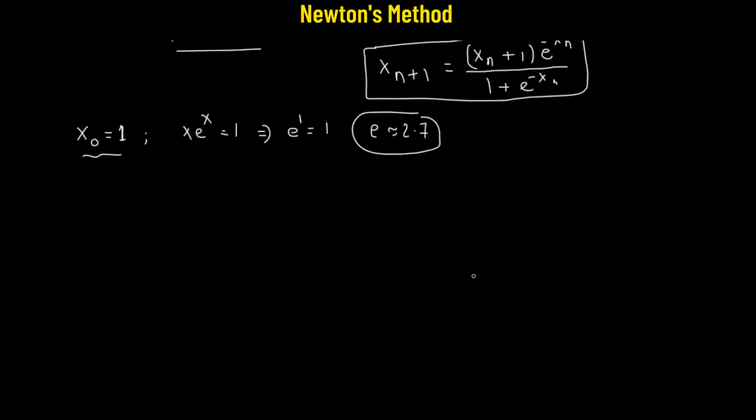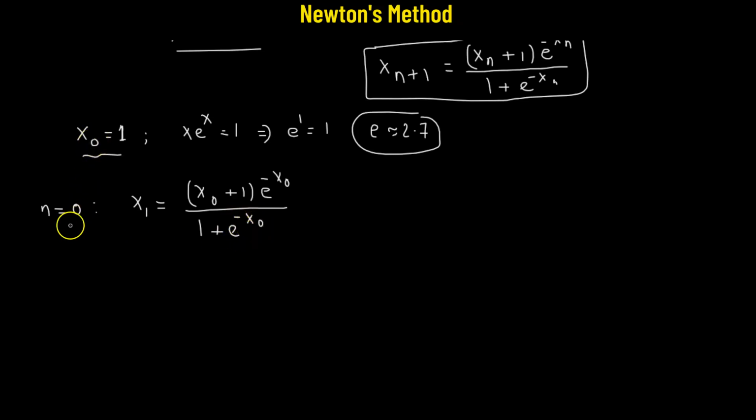So let us begin. We'll use this equation. Our x1 will be, where we have considered n to be 0, x0 + 1 times e^(−x0), divided by 1 + e^(−x0).